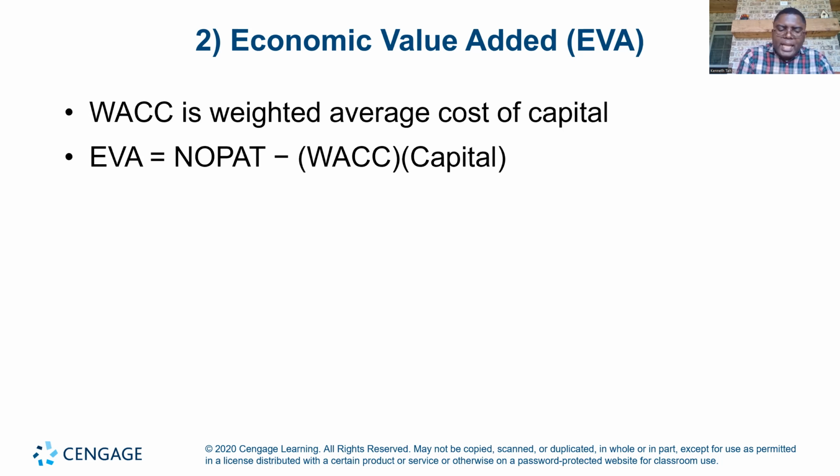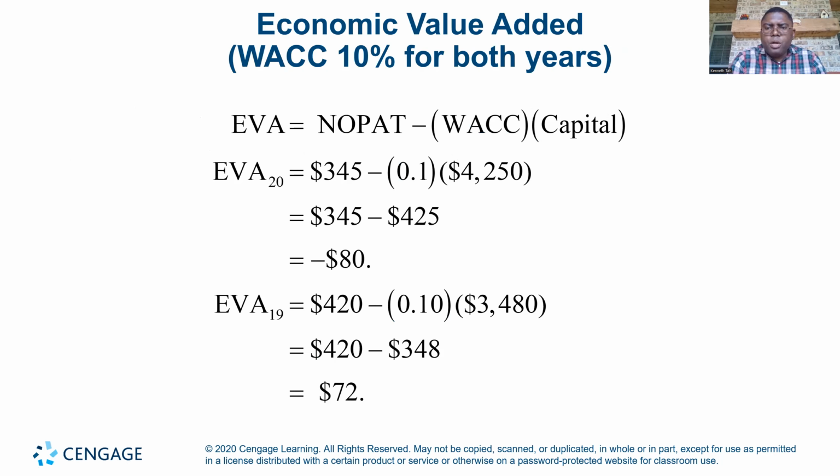So we need the weighted average cost of capital to calculate it. It is basically the net operating profit after taxes minus the weighted average cost of capital times operating capital. We have the measure of operating capital before, which is 4,250 million.